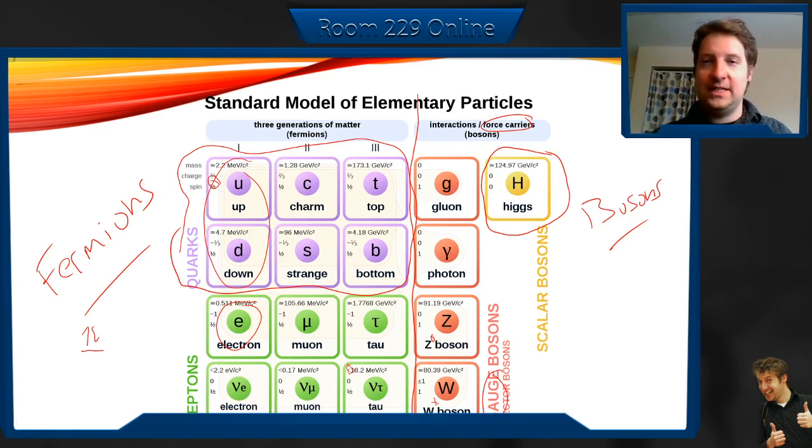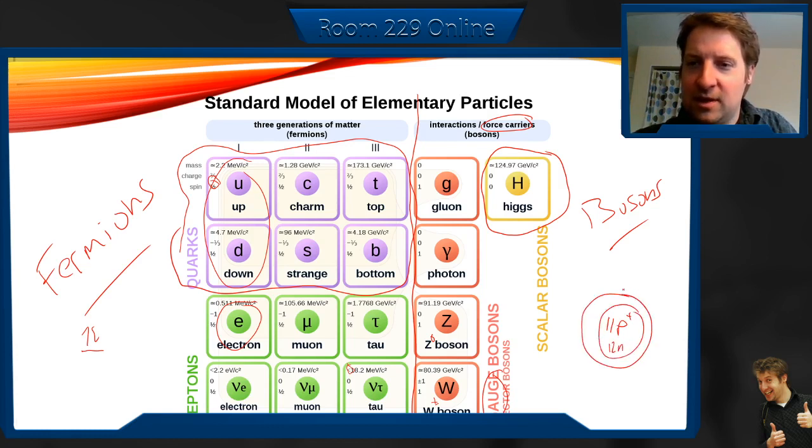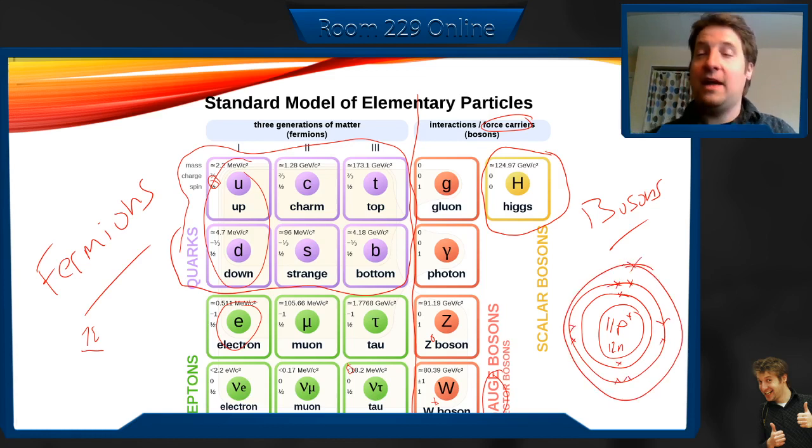Your view from grade 10 of an atom, let's say sodium, 11p, 12n, with a Bohr-Rutherford diagram with electrons in shells, that view of a sodium atom is not wrong.